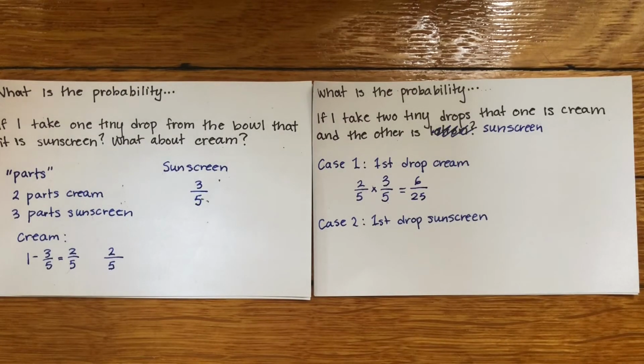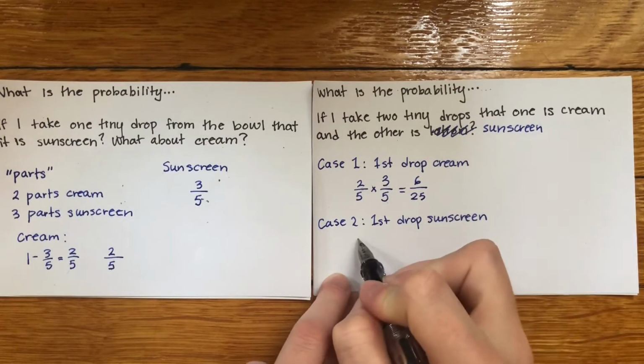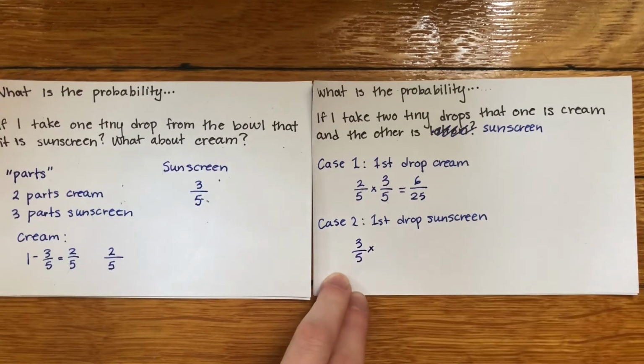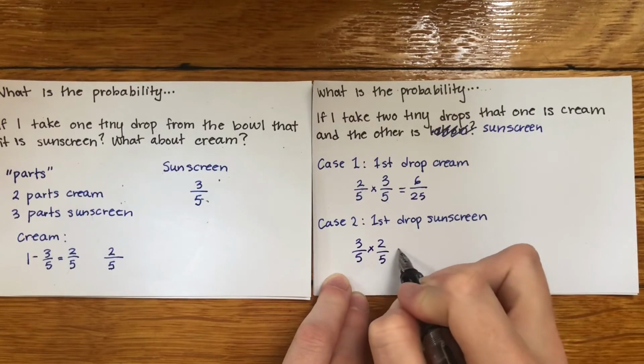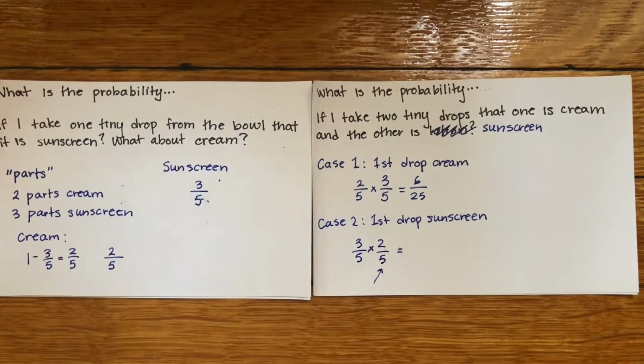Our case 2 is going to be very similar. We're going to look at, okay, what's the probability that the first drop is sunscreen? 3/5. And then the probability that the second drop is cream, that's going to be 2/5. And remember, these probabilities and our denominators in particular are not changing because we're assuming that these drops are really, really tiny.